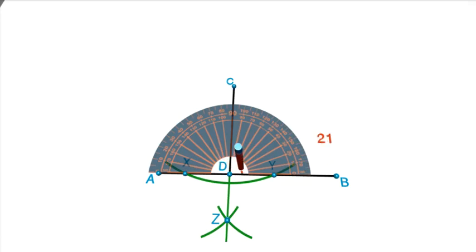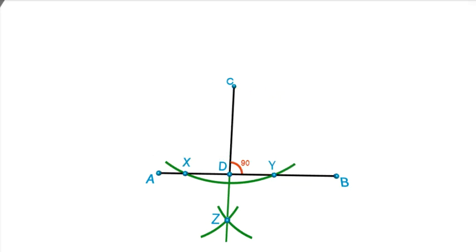So measuring, that angle is 90 degrees. So this is how we construct a perpendicular to a line segment from an external point.